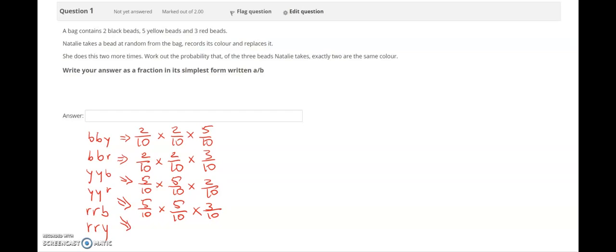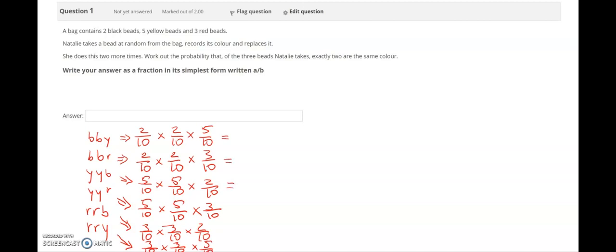Red is 3/10 times 3/10 times 2/10, and 3/10 times 3/10 times yellow, which is 5/10.